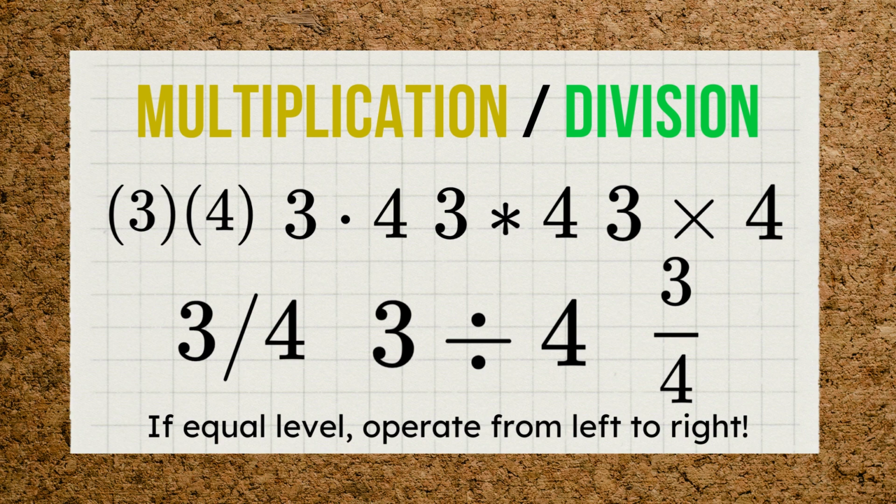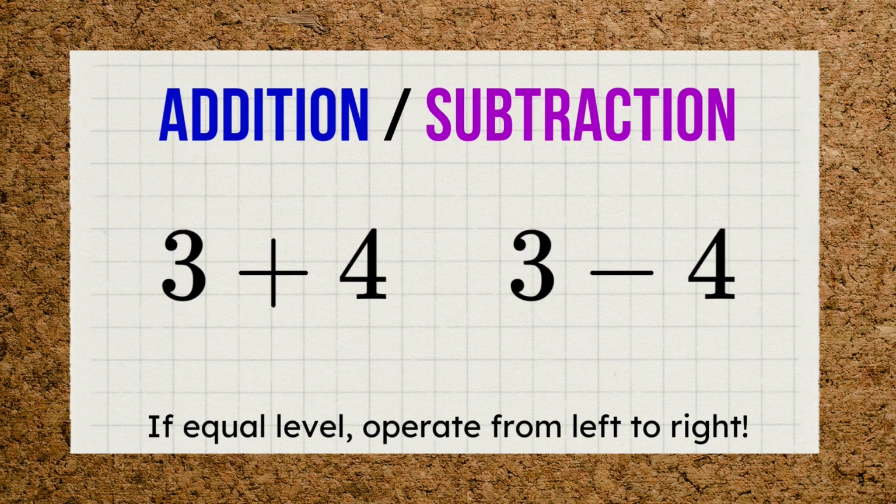We have the multiplication dot, the asterisk, the multiplication cross. That's only for multiplication. For division, we have the slash, the fraction bar, and the division sign or obelus, as some might call it.